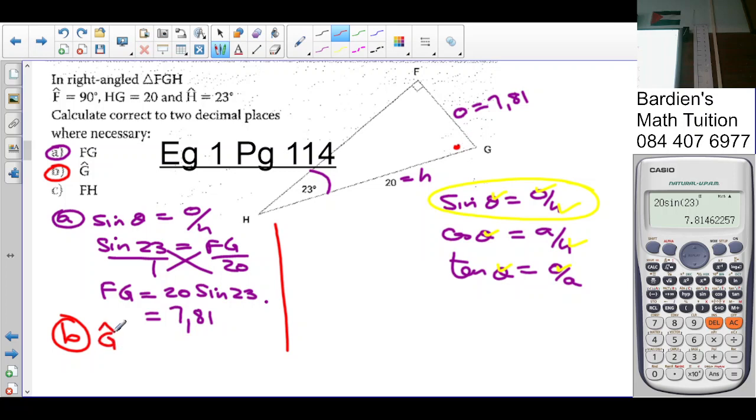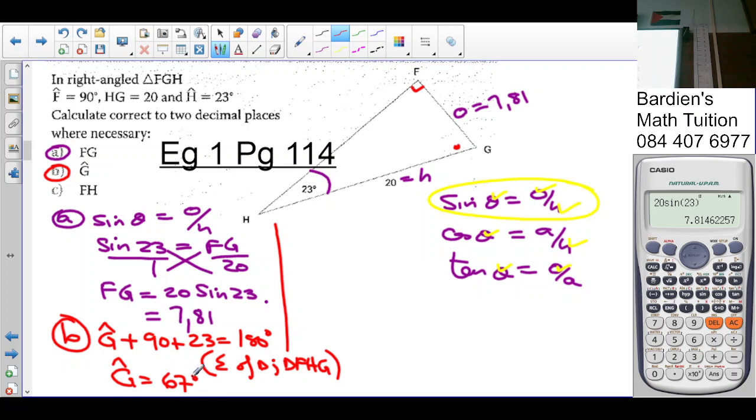Angle G plus 90 plus 23 equals 180. Reason: sum of angles in triangle FHG. So angle G works out to be 180 minus 90 minus 23, which is 67 degrees. Any confusion thus far? No?